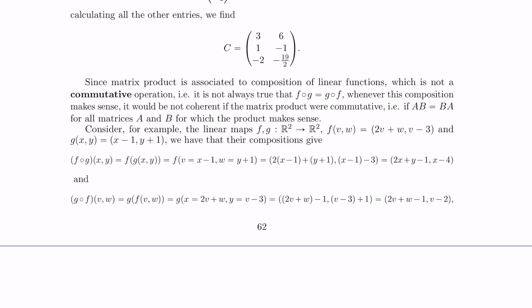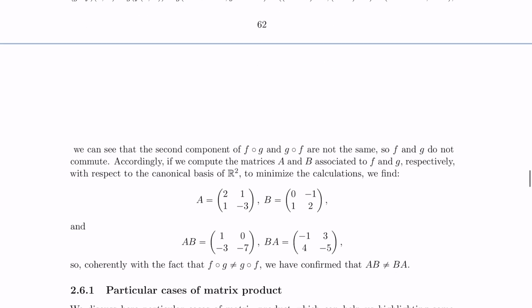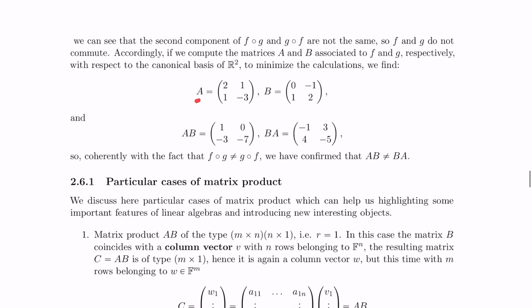Coherently with that, you can check that the matrix associated to this linear map with respect to the canonical basis of R2 and the matrix associated to this one, again with respect to the canonical basis of R2, which are the matrices A and B respectively, don't commute, in the sense that A times B is this matrix here, and B times A is this matrix here, and as you can see, these matrices are different.